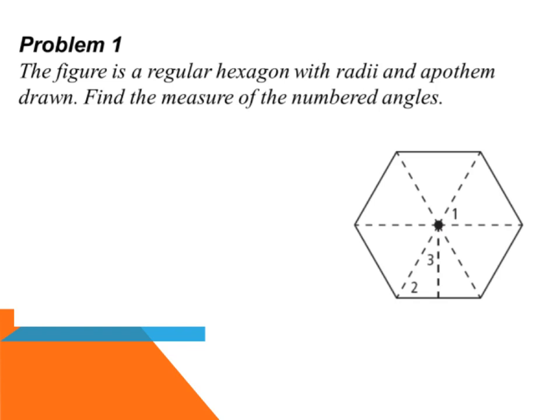In this picture, I have to figure out what all the angles are. Well, first thing I have to do is figure out how many sides I have. If I count the sides, I have 1, 2, 3, 4, 5, 6 sides. So n here is going to be equal to 6. Now in any regular polygon at the center, you can figure out what all of these angles are, because all these angles will be congruent, because all the sides are congruent.